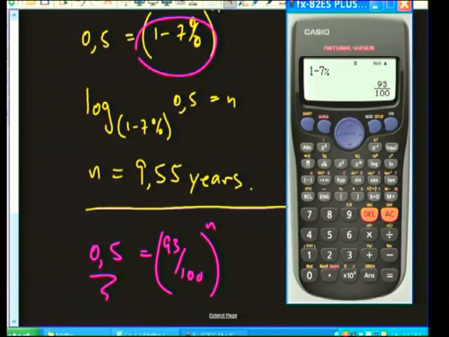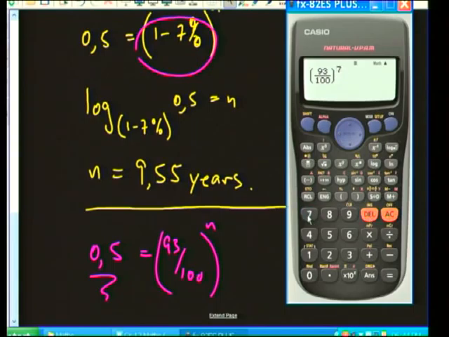So here we go. Clear our calculator. With our fraction button, we're going to have 93 over 100. And we're going to raise that to a whole bunch of numbers. I'm going to try the number 6 for starters. No, not 0.5. Not there yet. So, let's try another number.